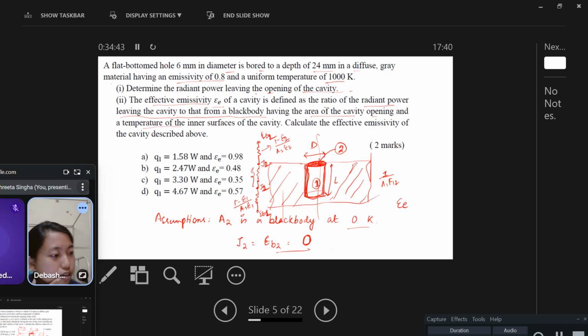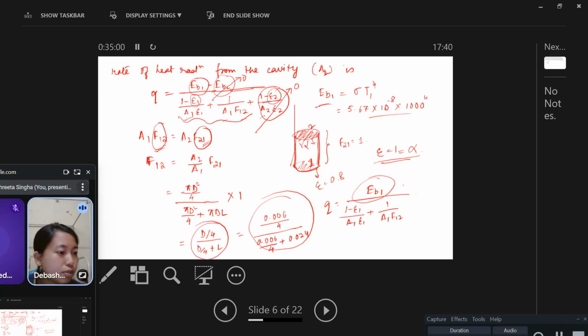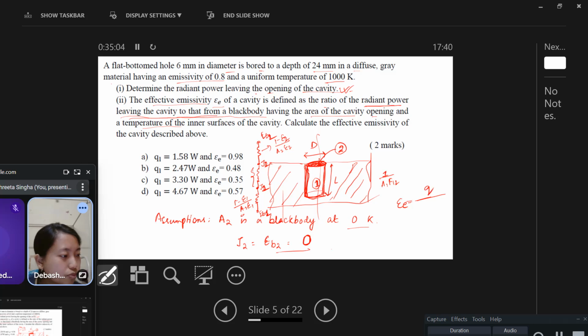So the first part is the ratio they have given: the radiant power leaving the cavity. That is what they asked in the first question itself, which we have denoted by Q.